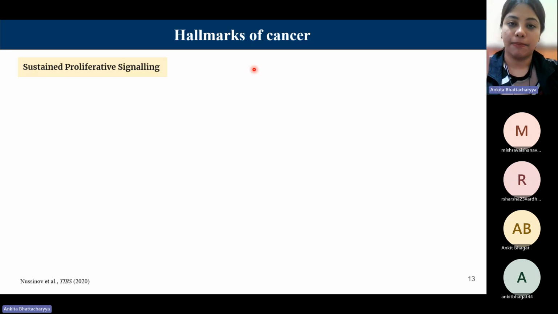So there's pathway A, pathway B. You might think that when there is a condition, only pathway A should operate and B should be shut off. That's not actually how it works. A cell is a living, breathing part of an organism, and therefore crosstalk occurs. Altogether, multiple pathways help in sustaining proliferative signaling and therefore enable the cell to become cancerous.